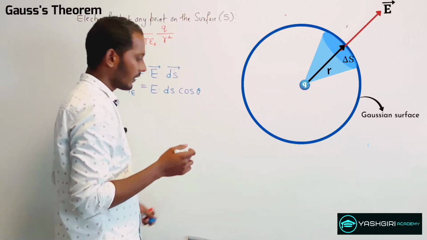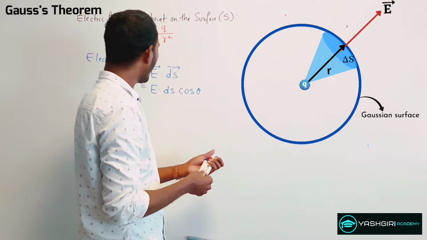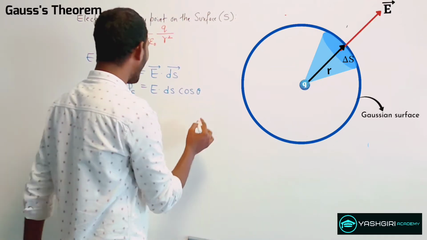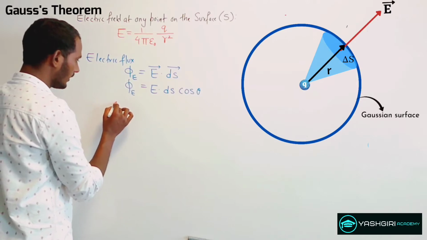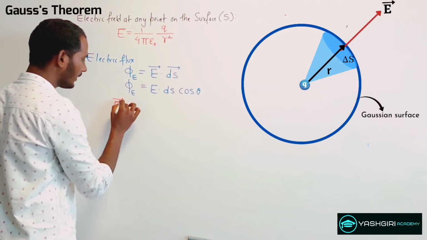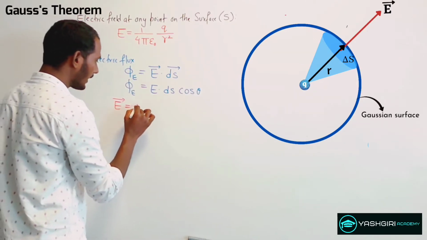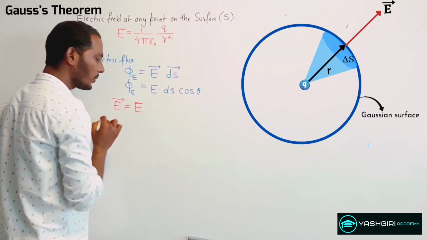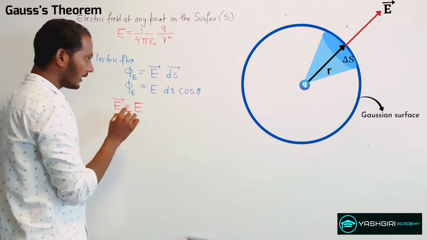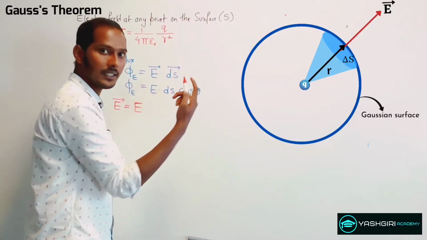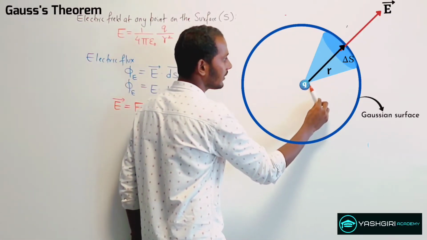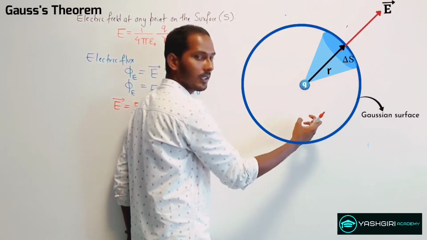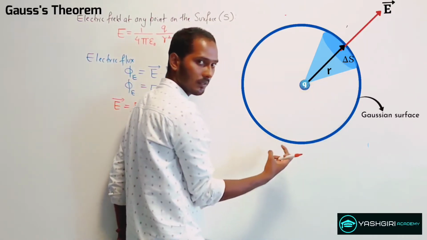So I can say that the electric field, vector E, is equal to the magnitude of this electric field into the direction in which it is facing. I take that from the center to the surface area element. This is the radius of my sphere.